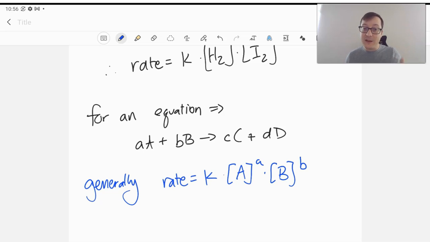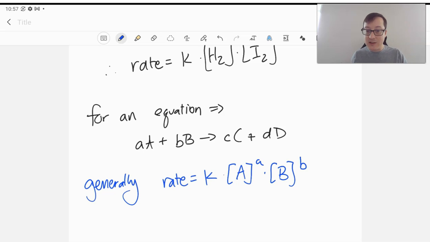And so, if our reaction happens to be an overall reaction, this rate law is useless. So that's why you always have to take this information right here with a grain of salt, because rate laws must always be experimentally determined. We cannot just look at the equation and come up with it directly.